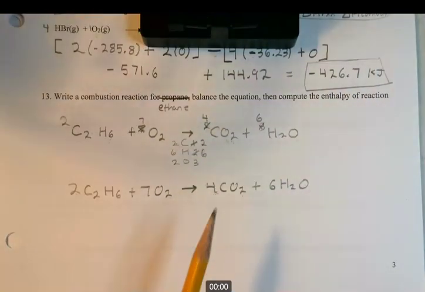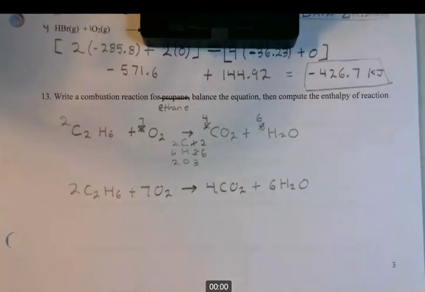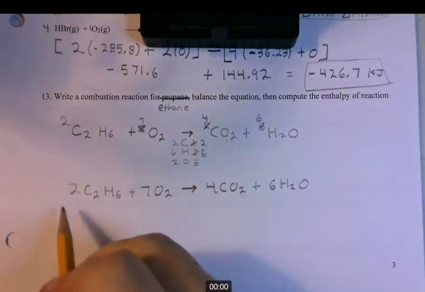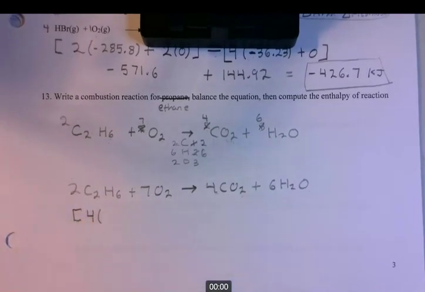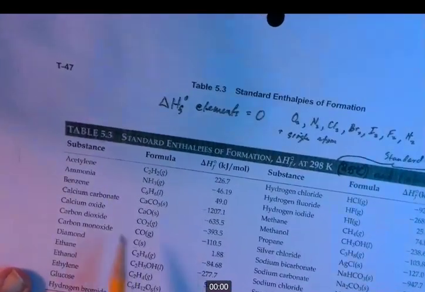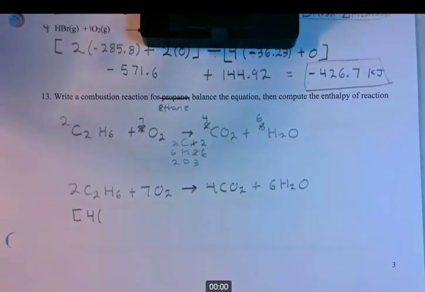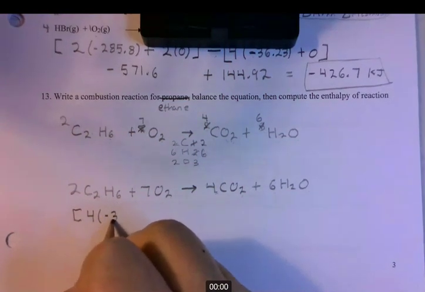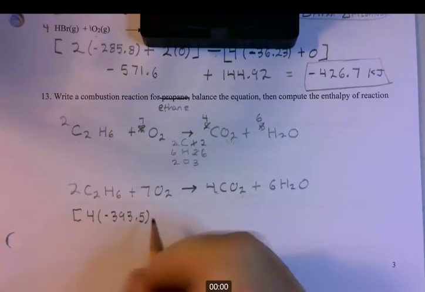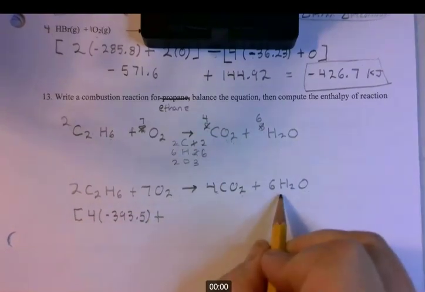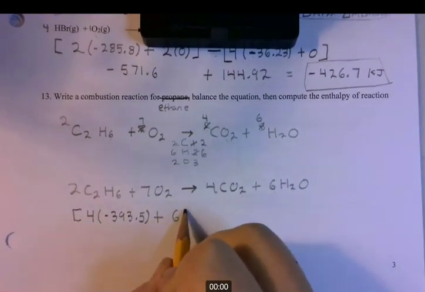Okay, so let's go ahead and do this. So we go with the products first. So it's going to be 4 times CO2, and I'll use the purple sheet this time. Carbon dioxide, negative 393.5, plus 6H2O.